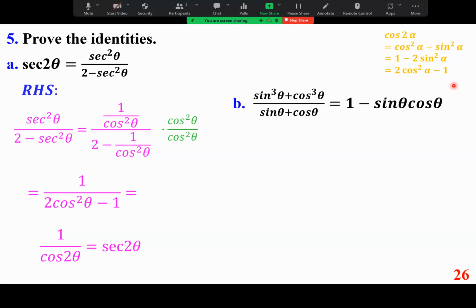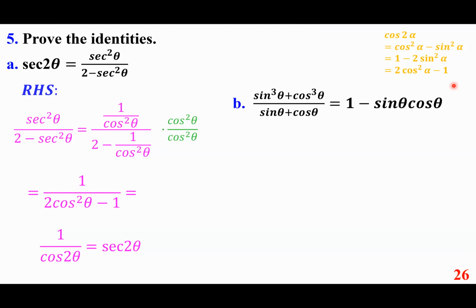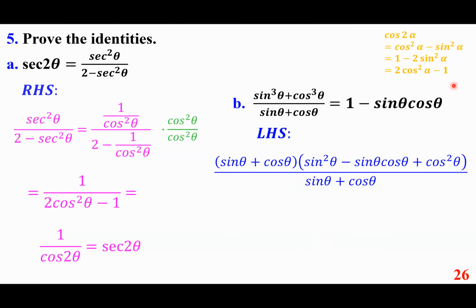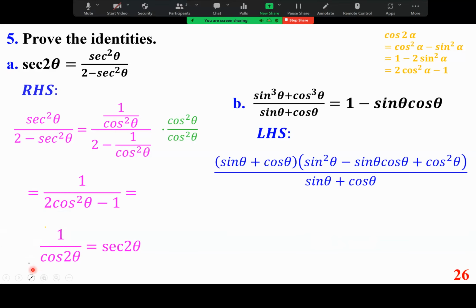We want to prove this. We start from one side. For example, if we start with the left-hand side, we can factor the numerator. This uses a cubed minus b cubed, which is a minus b times a squared plus ab plus b squared.